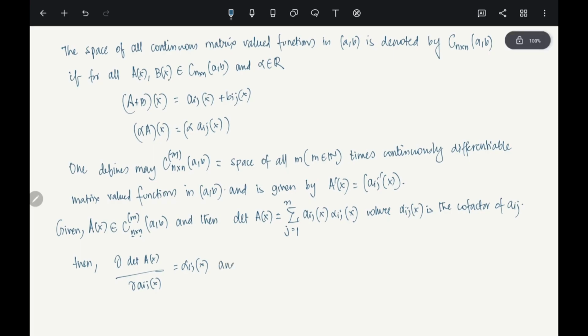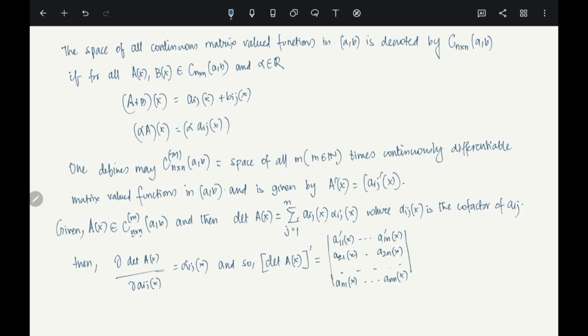Okay, and hence, you see the determinant of A(x), if you take the derivative of the whole thing, that will be nothing but the determinant with first row a_11'(x), ..., a_1n'(x) and the remaining rows a_21(x), ..., a_2n(x), ..., a_n1(x), ..., a_nn(x), plus the determinant with the first row a_11(x), ..., a_1n(x), the second row differentiated, and so on down to a_n1(x), ..., a_nn(x).